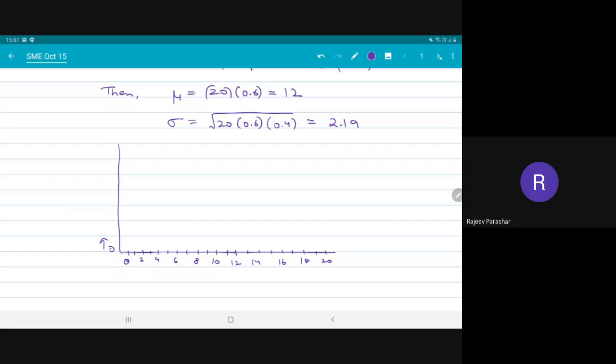All right. So the probability histogram of this distribution is going to look something like this.